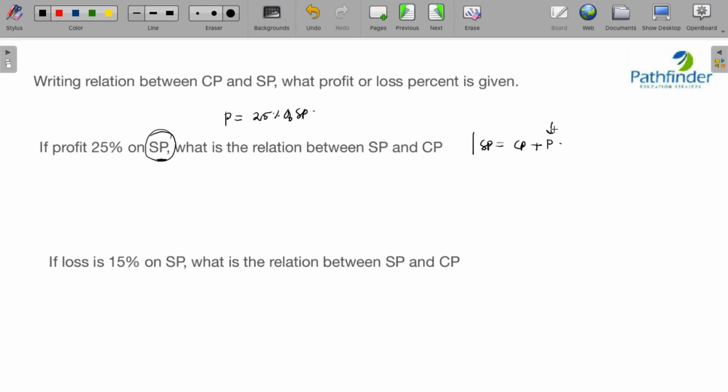The only thing is the profit figure, instead of writing in terms of CP, you will now write in terms of SP. तो आप क्या लिखोगे?